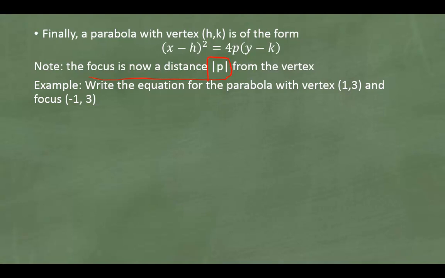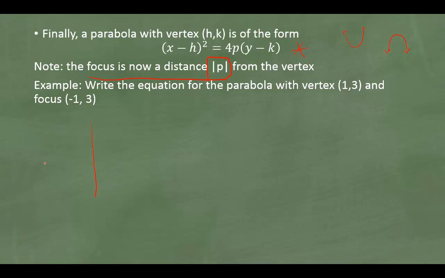Let's look at what that means in an example. If I were to ask you to write the equation for a parabola, in other words, write something like this, with a vertex (1, 3) and focus (-1, 3). First, we should start off by noticing that this is the equation of a parabola that goes up or maybe down depending on the value in the front. So let's make sure we even have something like that.